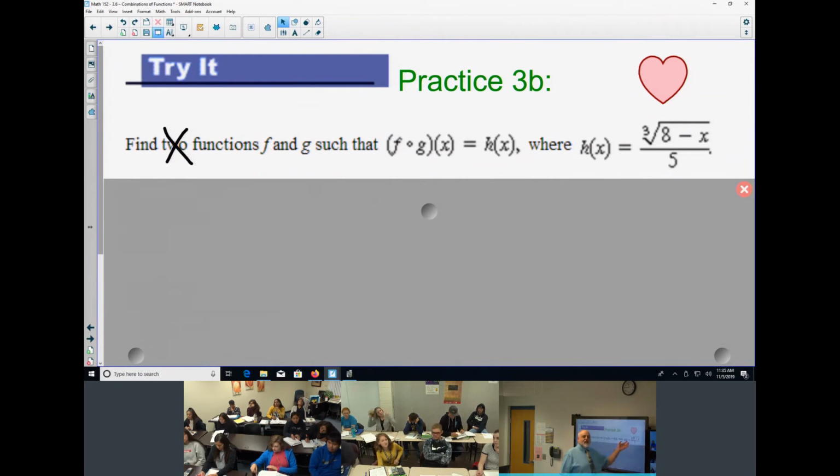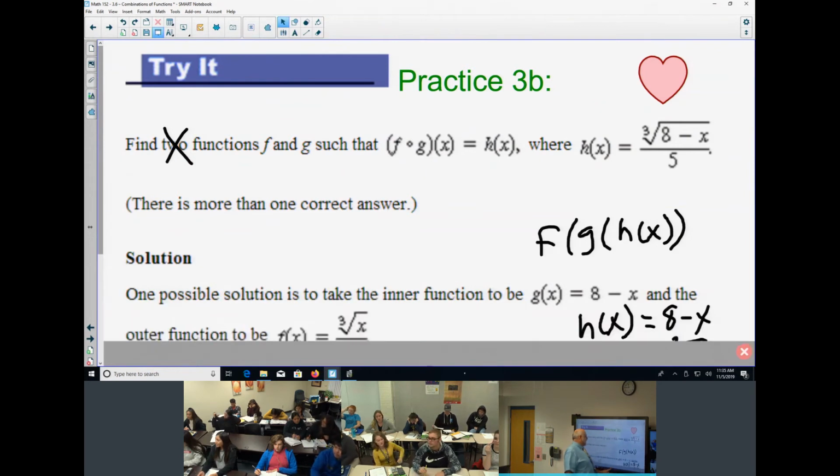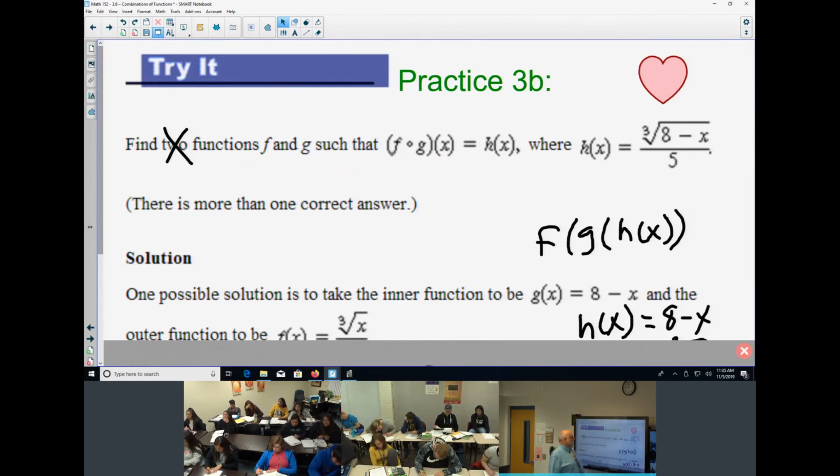If you're plugging in a number for x, what would you do first? Would you subtract 7 from 8? Yes. So the first function, how I would write it, is 8 minus x. Then let's say you worked that out, then what would be your next operation?